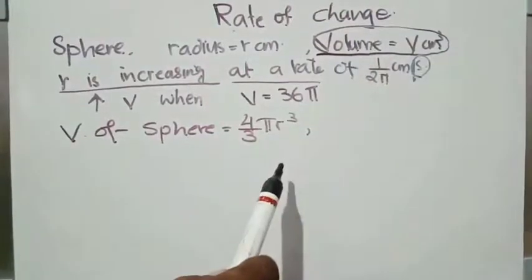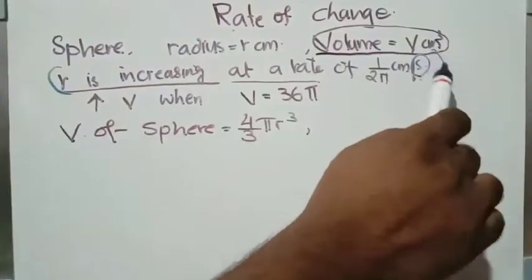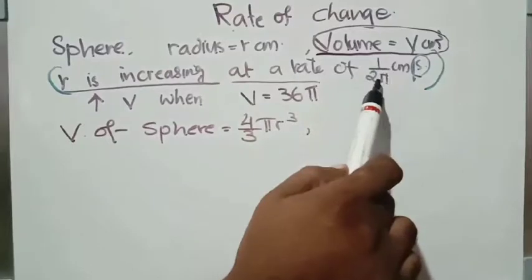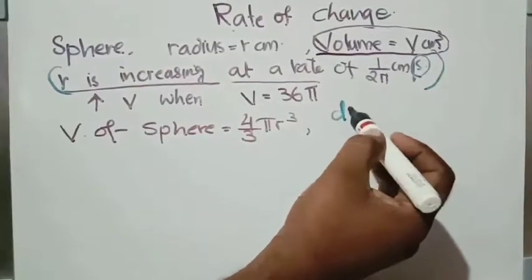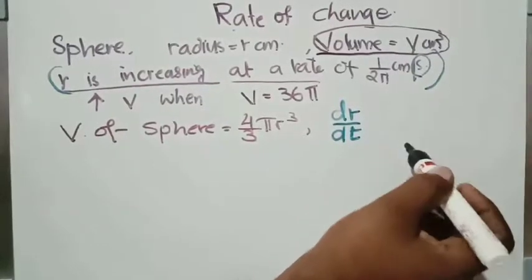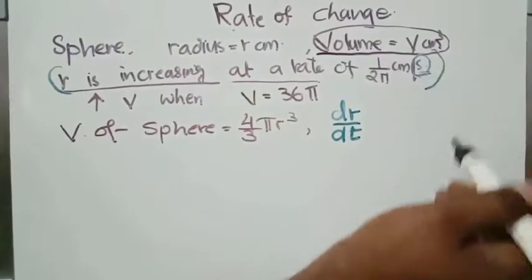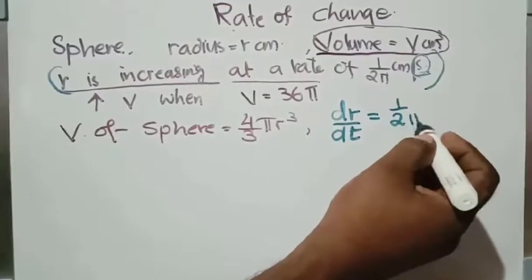It is per second. So r is increasing at a rate of 1 by 2 pi centimeter per second means it's nothing but dr by dt, because it is with respect to time, that is 1 by 2 pi.